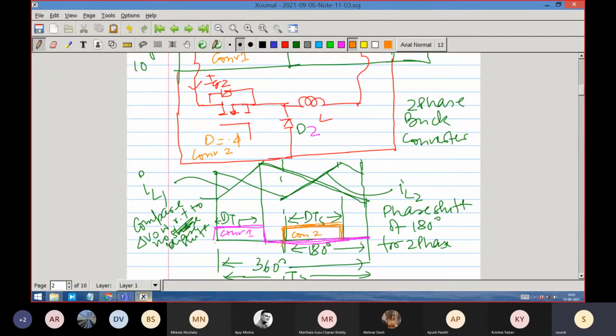You see, this is shifted by 180 degrees. Any period is considered to be 360 degrees. TS corresponds to 360 degrees in angular representation. So this is 180 degrees. Converter 2's pulse initiation is after 180 degrees, and it has the same duty ratio of 0.4, just to give a number.